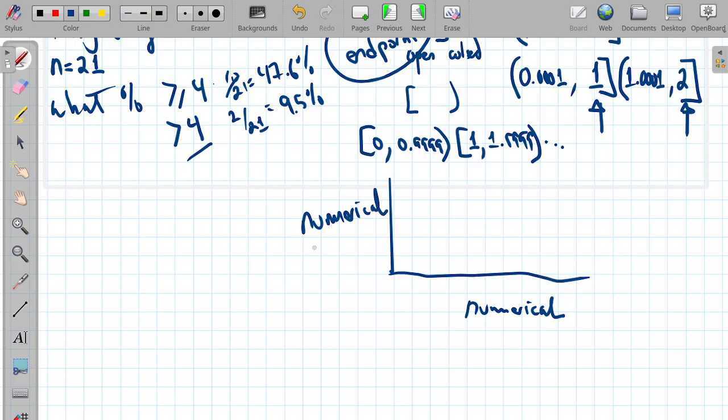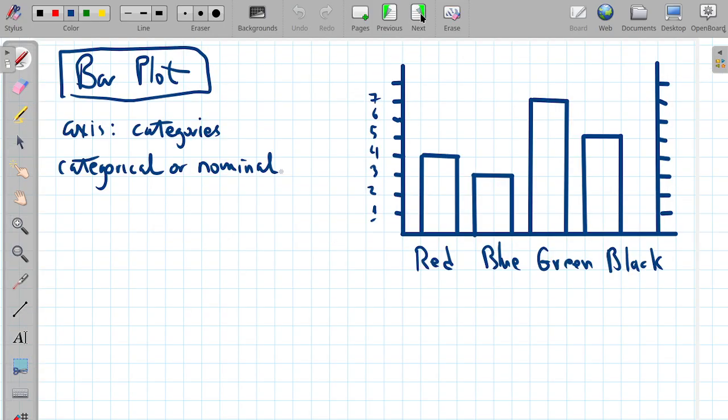You're saying, well, that makes sense. Well, it does until we get to the bar plot, which is coming up next. So numerical, numerical. Let's look at the bar plot. Now, this is categorical. The horizontal axis is going to be categorical or nominal data.